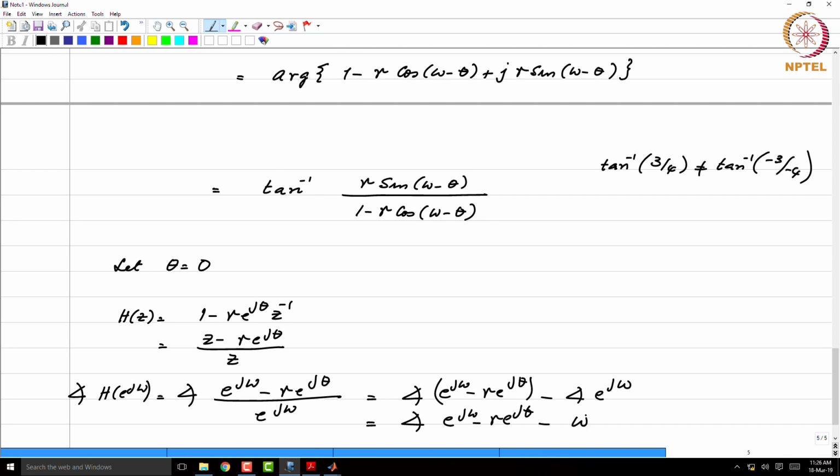And this is nothing but omega, because the angle of e to the j omega is just omega.